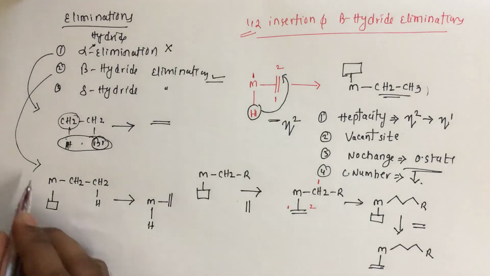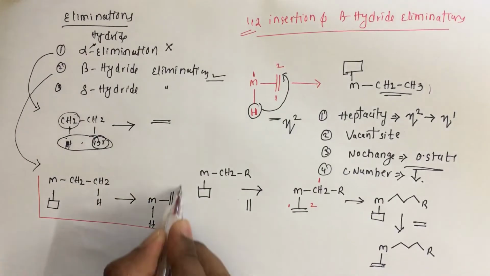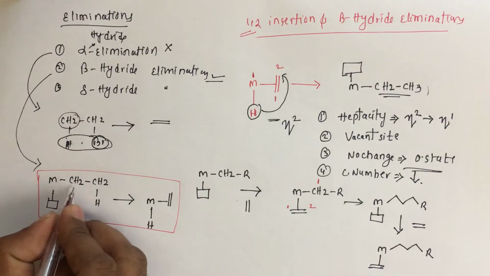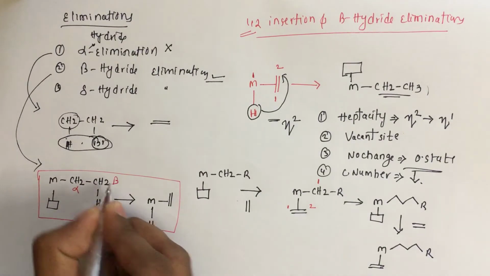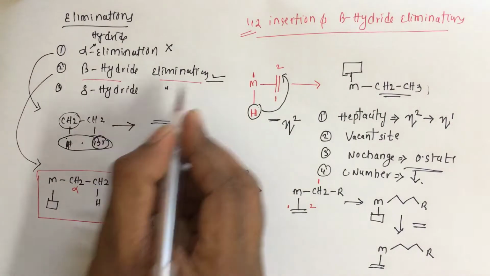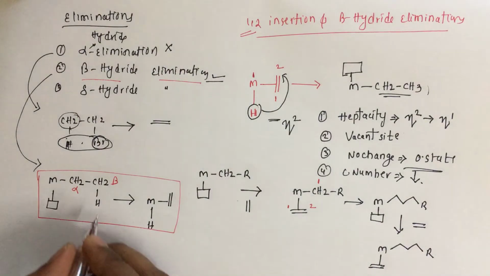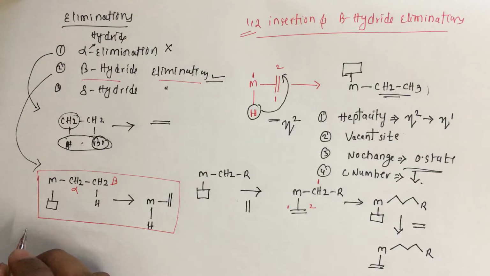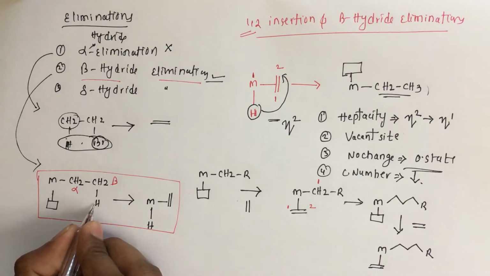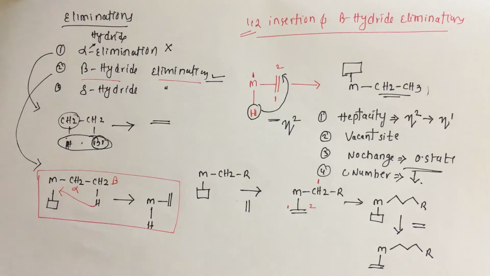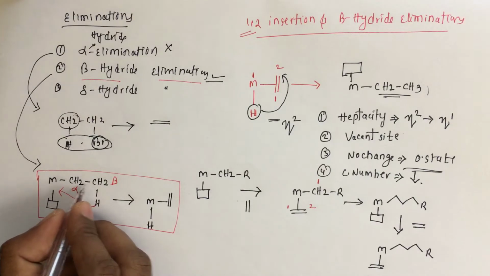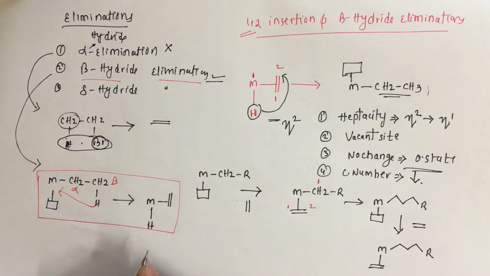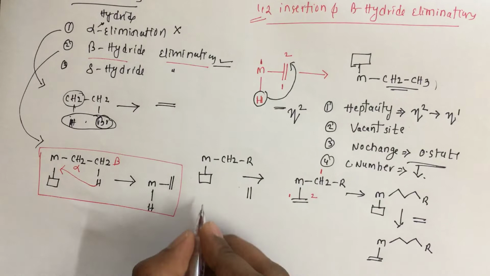So this is the reaction for beta-hydride elimination. Here this is alpha and this is beta. The hydrogen moves from the beta position onto the metal, so this is called beta-hydride elimination. Because this hydrogen moves onto the metal, we get a double bond.